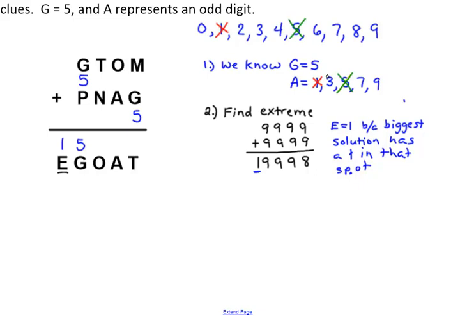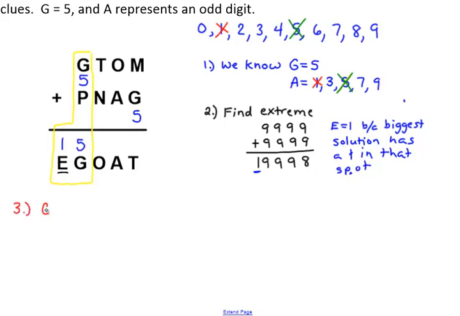All right, so the next thing I'm going to do is look at a certain part of the problem. I'm going to look at the G plus P and equals 15. So I'm going to put a step 3 right here.